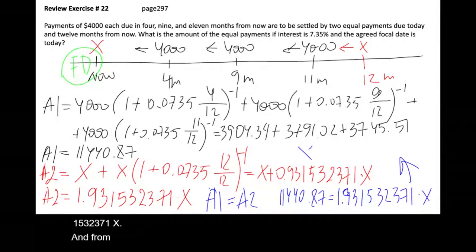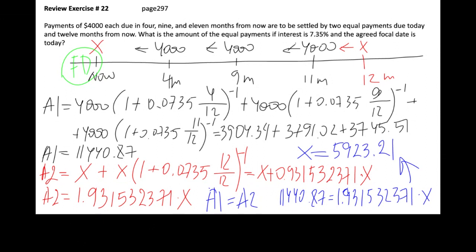And from here, what is x? $5,923.21. Questions, guys?